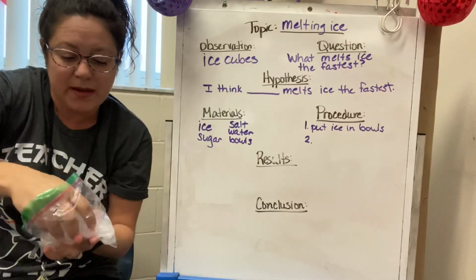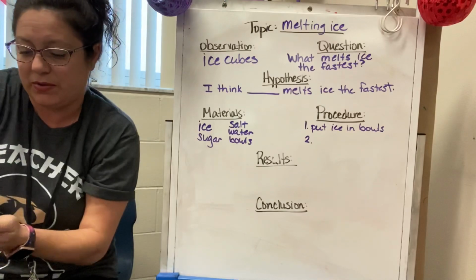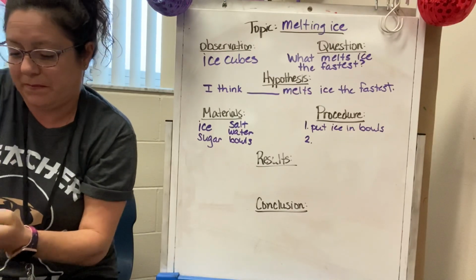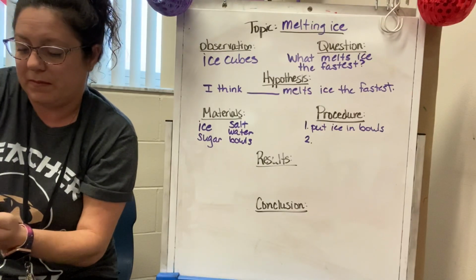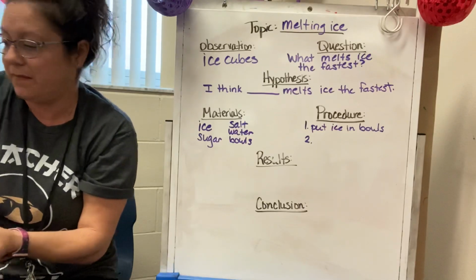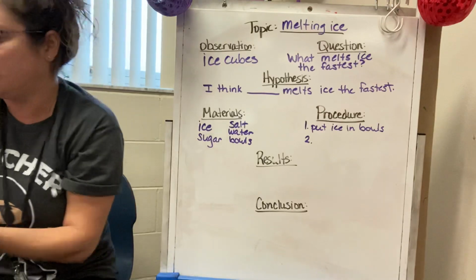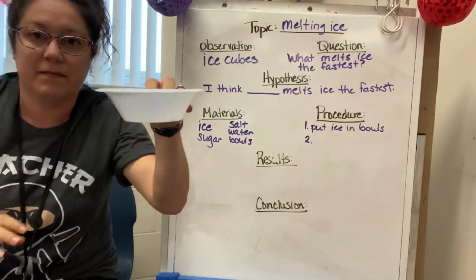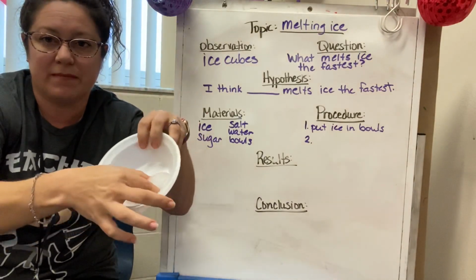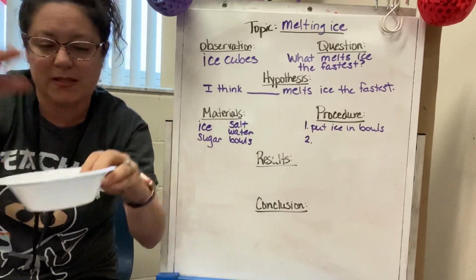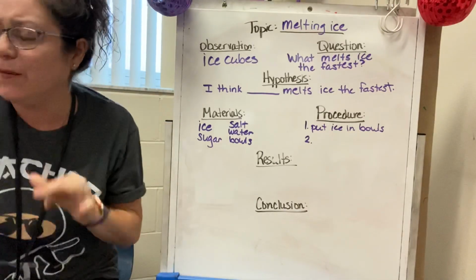So step 1, put ice in bowls. While you write, I have 4 bowls, and there's an ice cube in each one. Ooh, that's cold. Frozen little fingers.